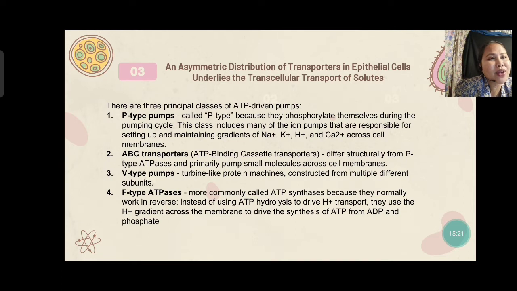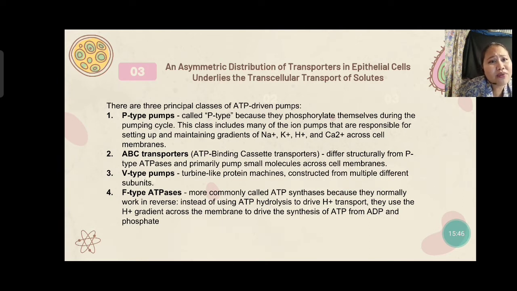So you might be wondering why I said earlier that there are three principal classes of ATP-driven pumps. Well, I wrote four. The F-type ATPases are a distant family of the V-type pumps. They are more commonly called ATP synthases because they normally work in reverse.